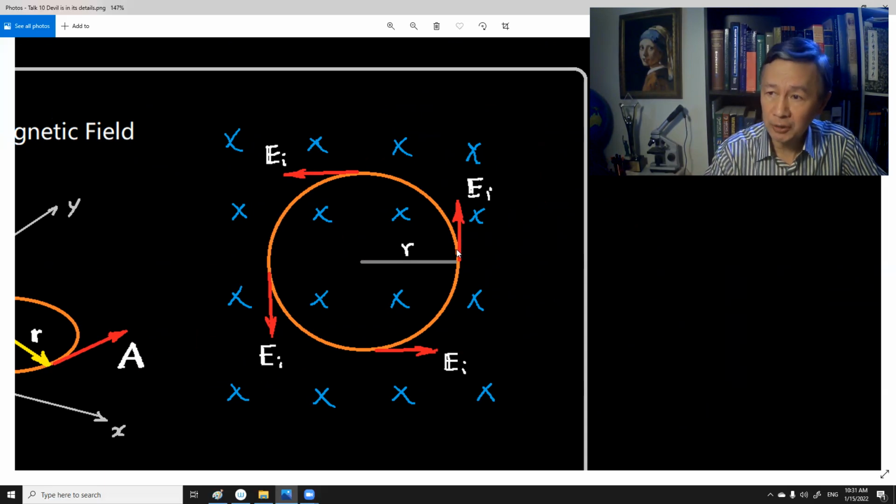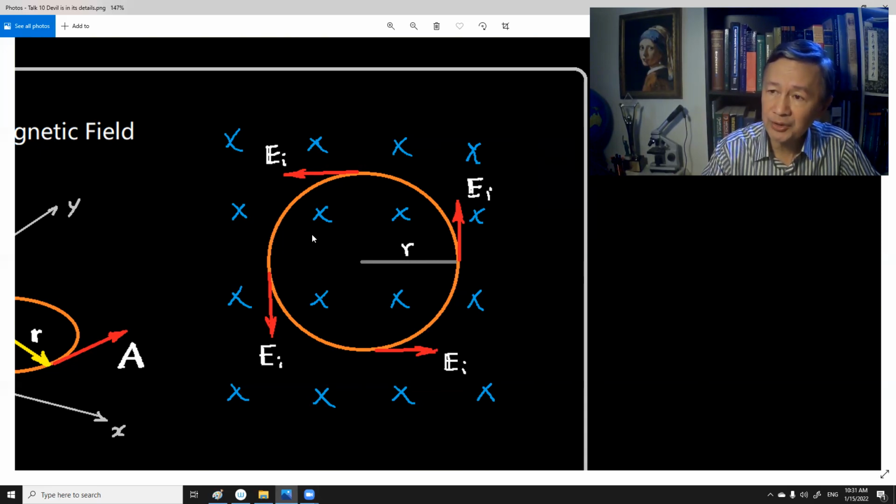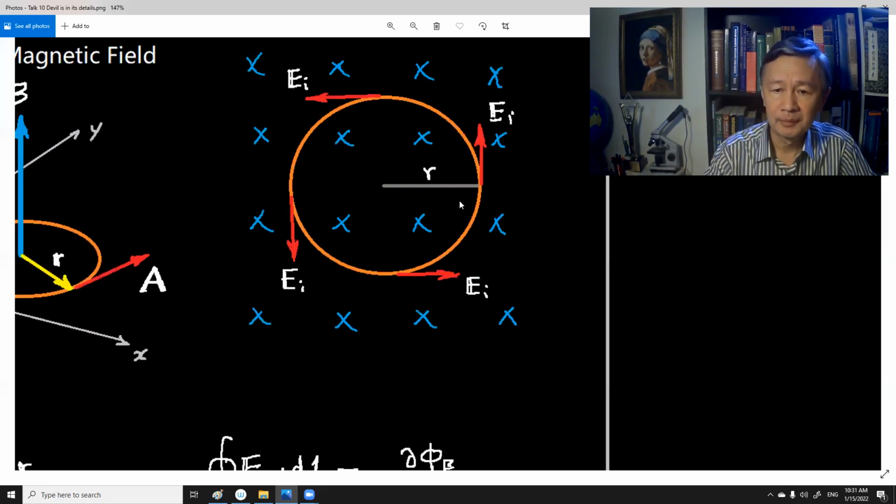The induced electric field is represented by these red arrows along the tangent direction. Obviously, in terms of magnitude, this induced electric field is the same everywhere, apart from its direction.